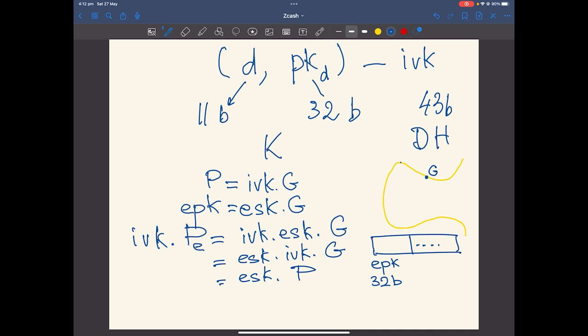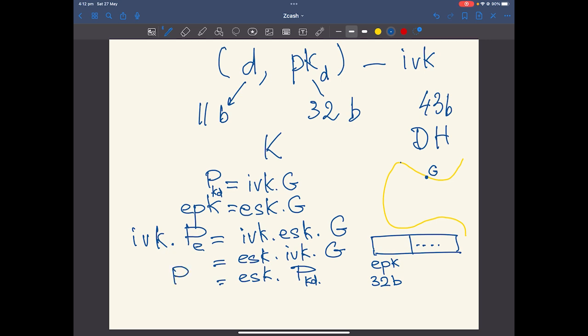So what I've proven is that if the sender uses his ephemeral secret key and multiplies by PKD, this is PKD again, he gets a point.